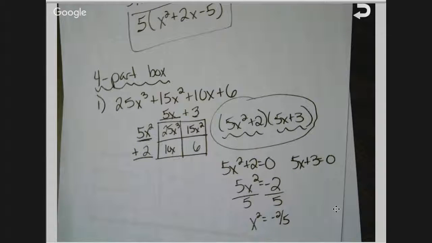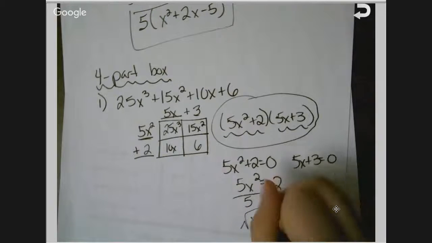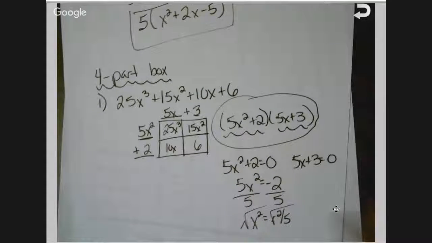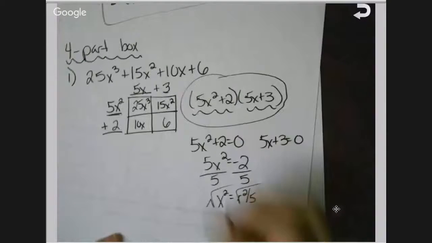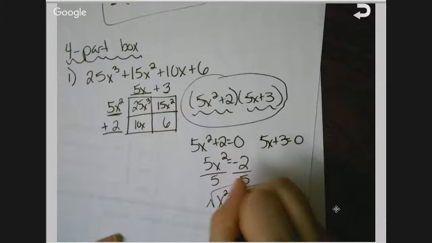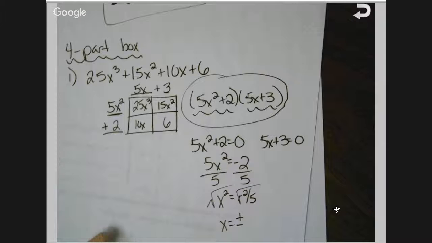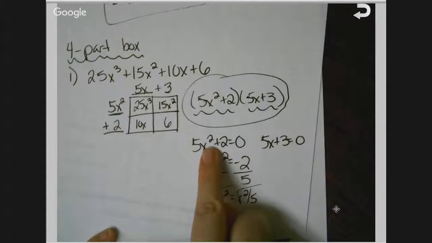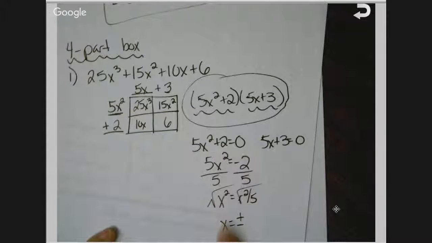Okay, how do you undo square? Yep, square root. So, I have x equals the square root. When I take the square root, don't forget plus or minus, right? I just told you up here it's x squared, so it's 2 x's. I have to show I have 2 solutions.